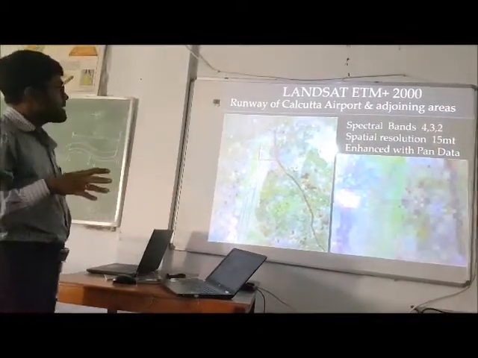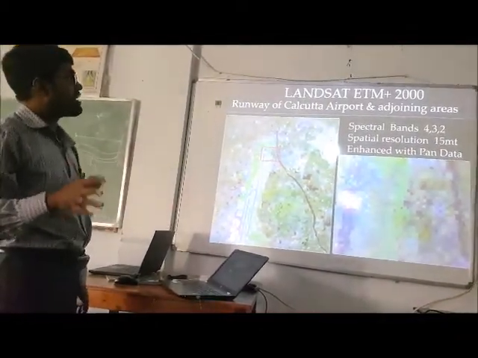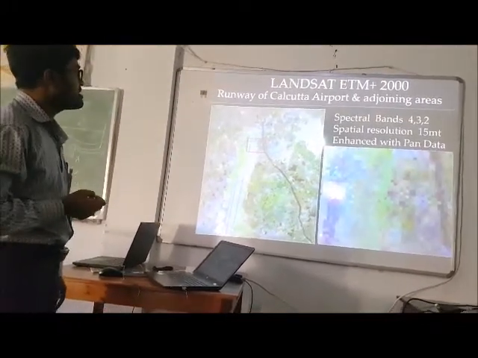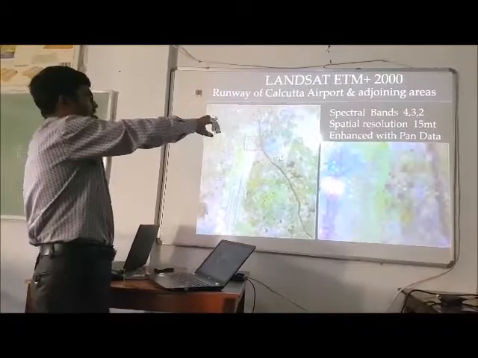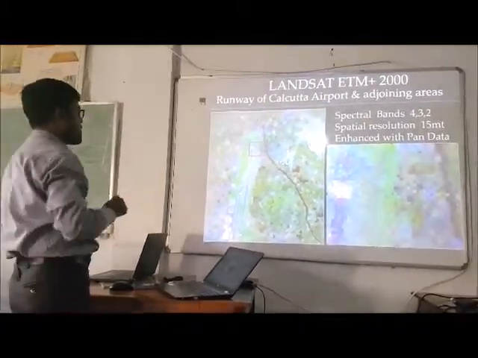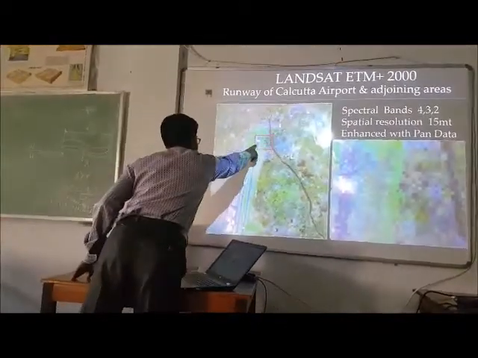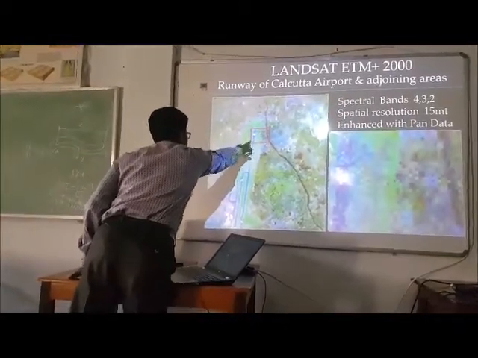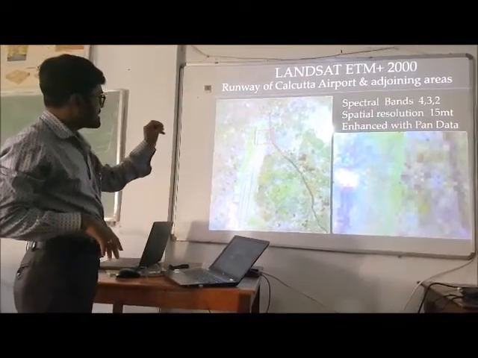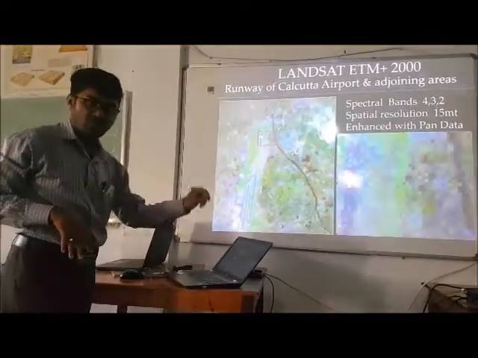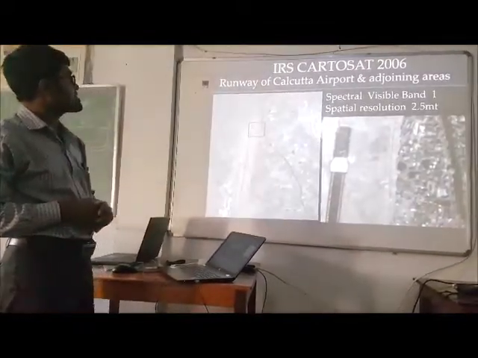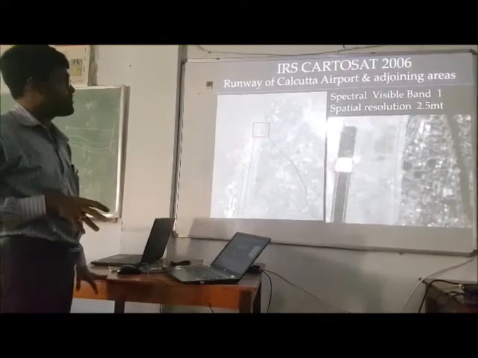This is the Enhanced Thematic Mapper of Landsat 2000. The bands are 4, 3, 2, and here the runway, the same part is here. We can detect the white spot on the runway. This is IRS Cartosat.